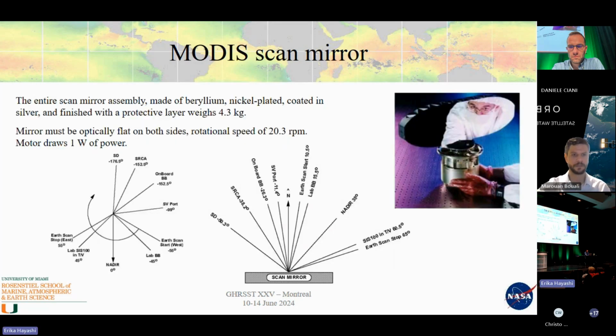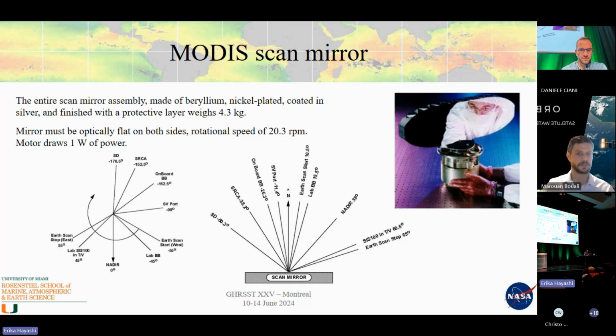Now, this is one of my favorite pictures. It looks like a genie trying to escape from a magic bottle. It is, in fact, a reflection of a technician in the one side of the paddle wheel. In the clean room, he's holding the motor. So this is one side of a mirror, which is made of beryllium, plated in nickel, and coated in silver, and finished with a protective layer.